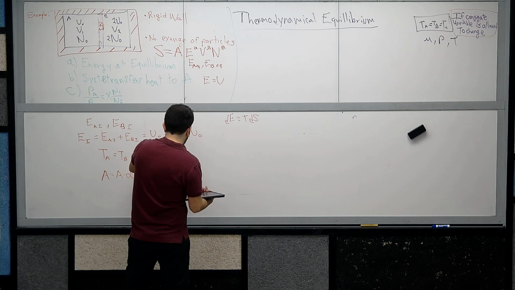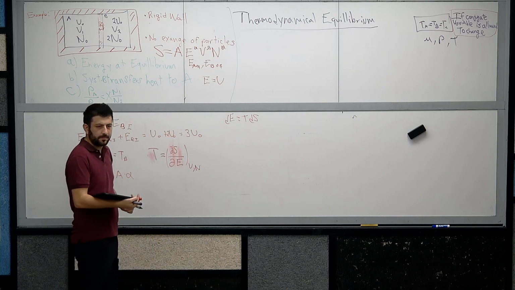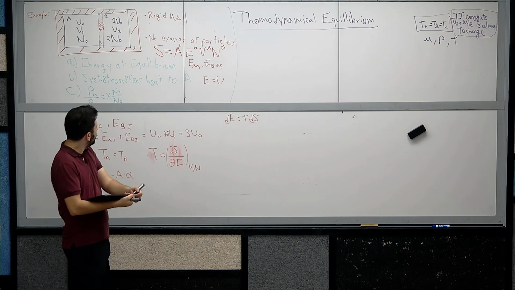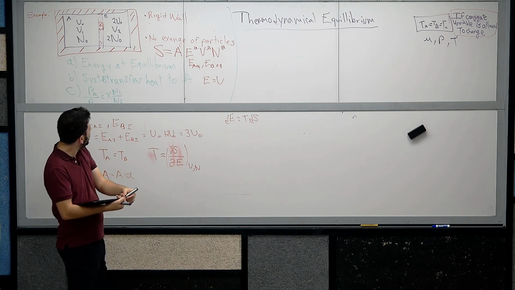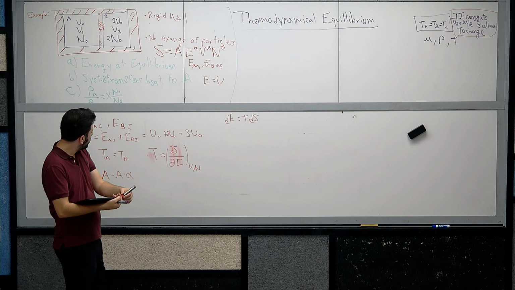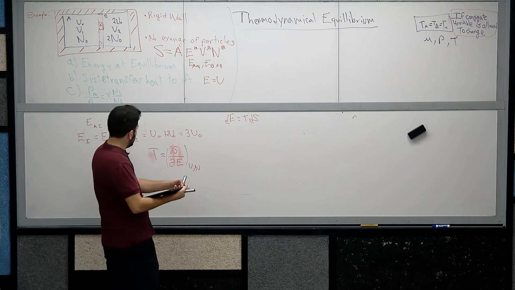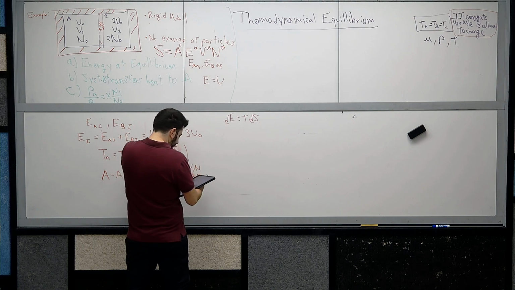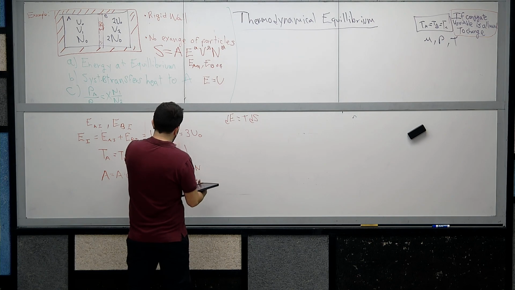But you just wrote the opposite. You wrote dE equals T times dS. Ah. Okay, true.